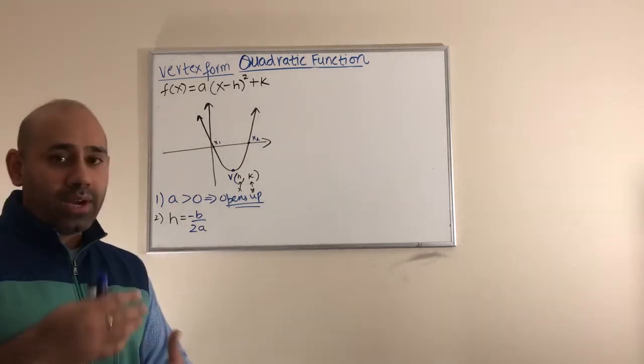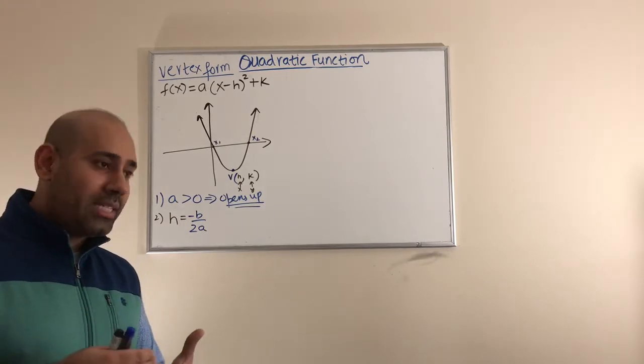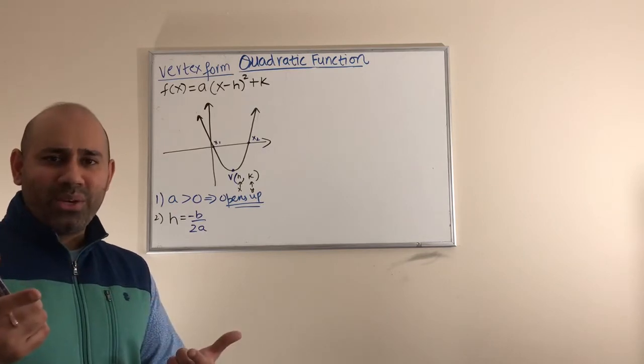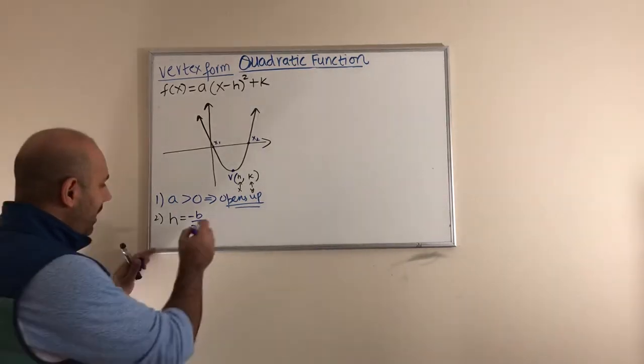Similarly, the x coordinate of the vertex is simply negative b over 2a, which is also part of the quadratic formula.